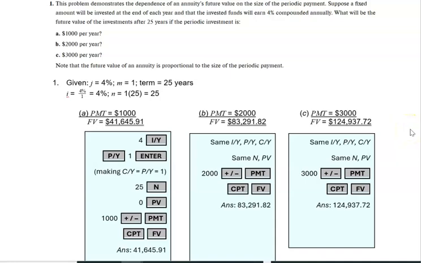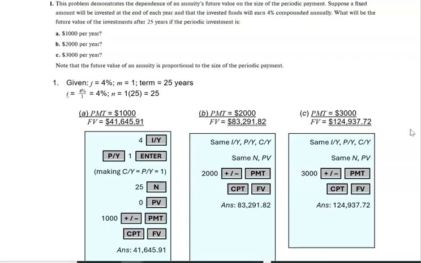So we know the IY, so IY equals 4. We know that the M, the number of payments per year, is 1, and that the compounding per year and the payments per year are equivalent, so it only happens once a year.